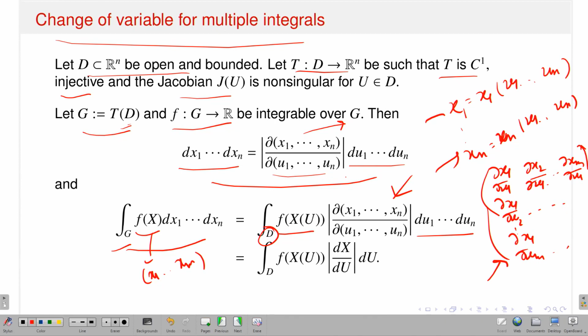In short form I am writing f of x(u) times the absolute value of dx/du times du.